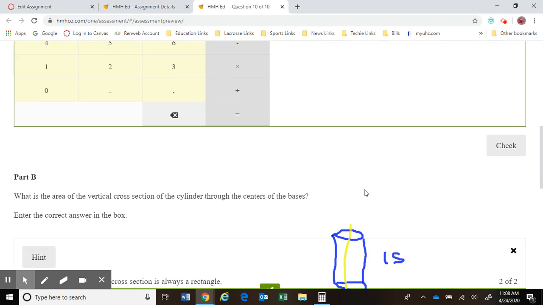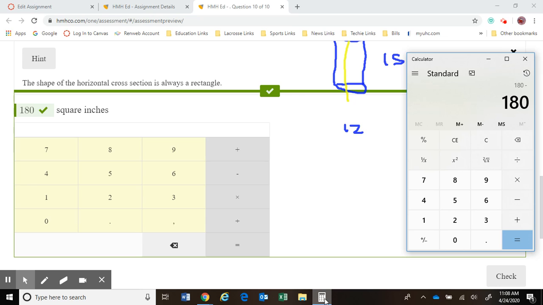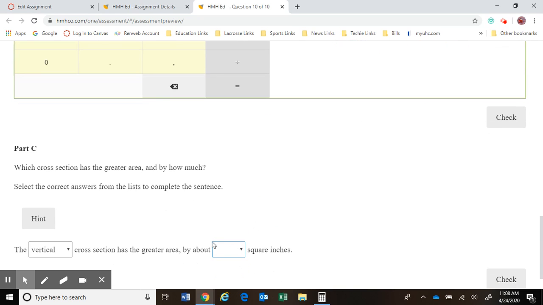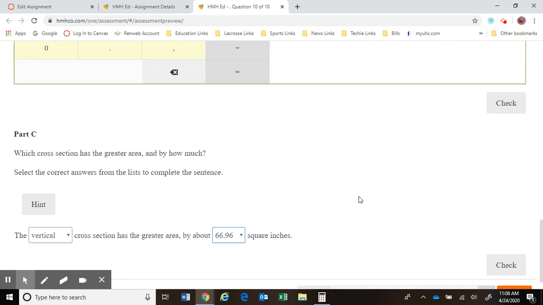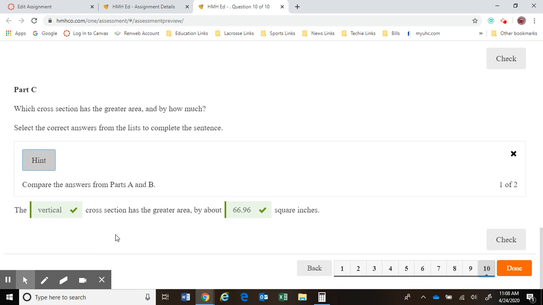You have 180 minus 113.04. Then you get 66.96, which is one of the drop-downs here. And that's it. Check it. You're good. Again, look at the hints if you have questions. Compare A, B. And we're done.